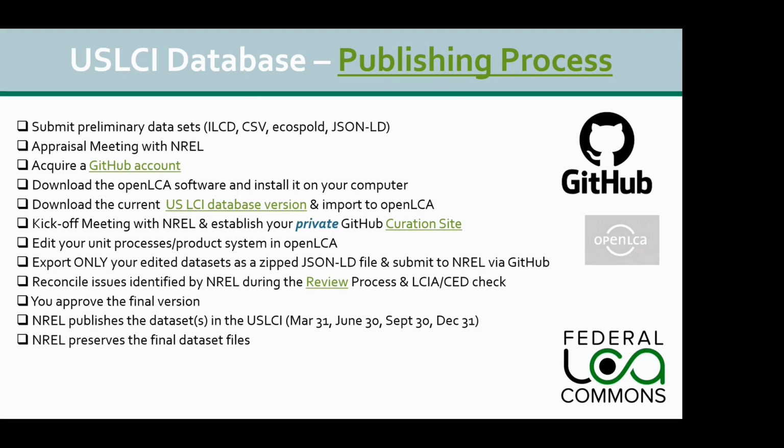The dataset will then be finalized and submitted to GitHub once again, and the curators will publish the dataset during the next quarterly release. These are the dates of the quarterly release, so March 31st, June 30th, September 30th, and December 31st. We will also preserve the final datasets in GitHub for you.